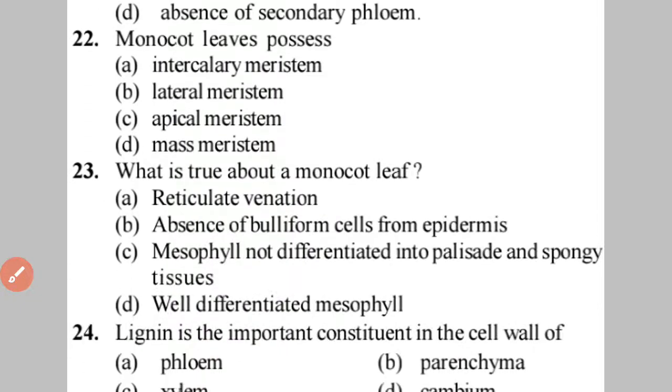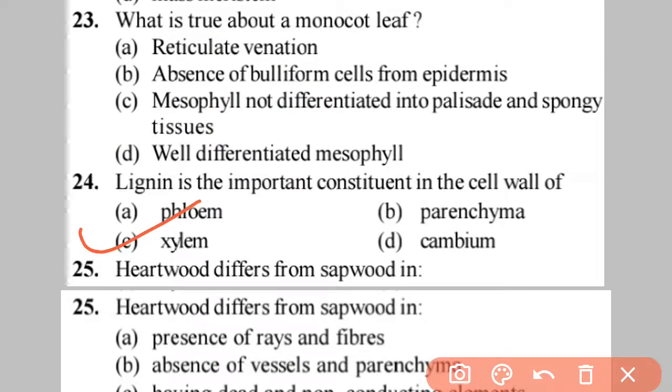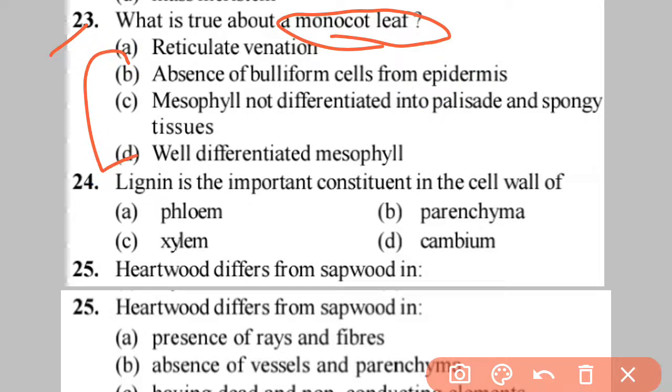Okay. Let's move on. Question number 23. So question number 23 is, what is true about monocot leaf? So here we have to identify about monocot leaf. 4 options are given and we have to find the right one. So let's start. Option 1 is reticulate venation. Second one is absence of bulliform cells from epidermis.